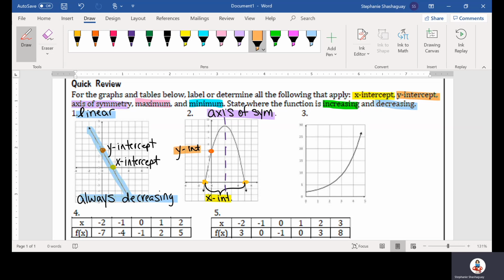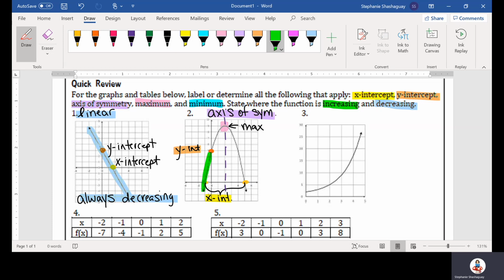This particular graph has a maximum value because it's a negative quadratic function, so it has a maximum value. And then it asks to state where the function is increasing and decreasing.